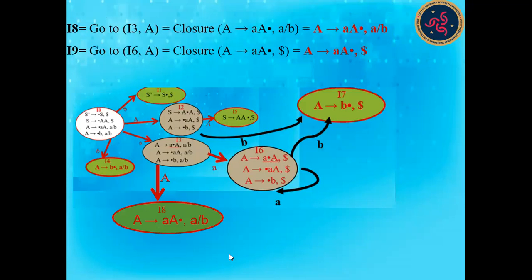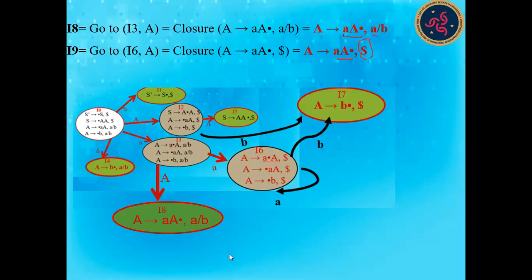Next, again I am applying a goto function to I6 on A. This is A. So here also it will come as a final item, that is A gives A dot, comma dollar symbol. Here also in I9, a new state, the productions are the same, A gives A dot, but the look ahead symbols are different.